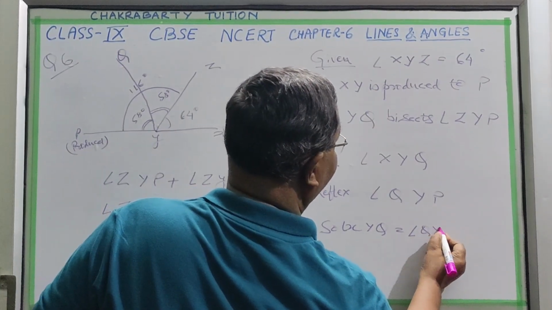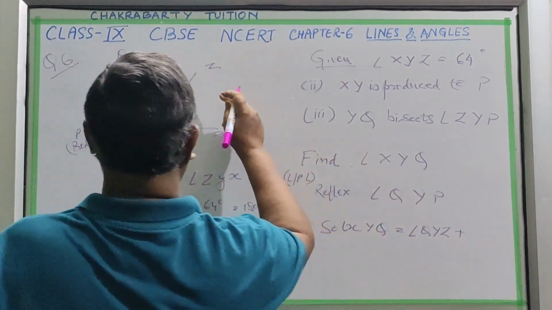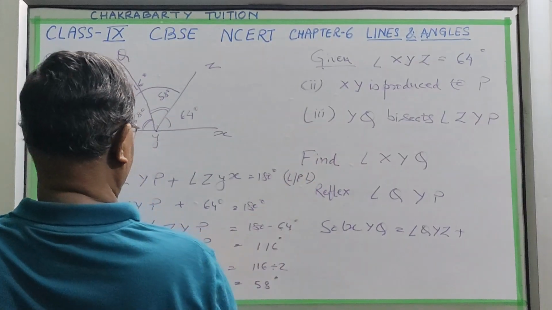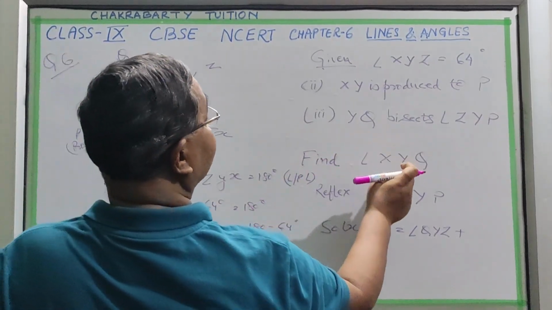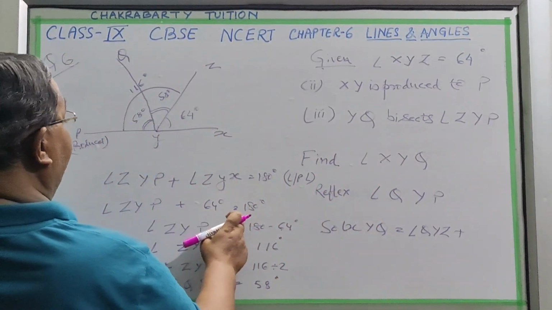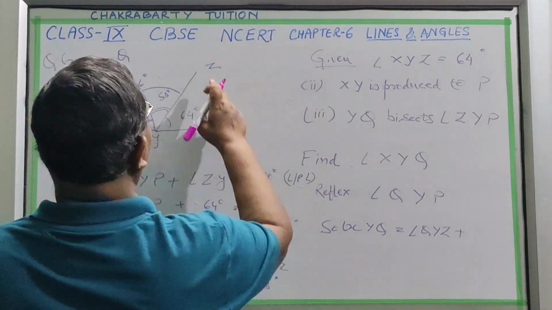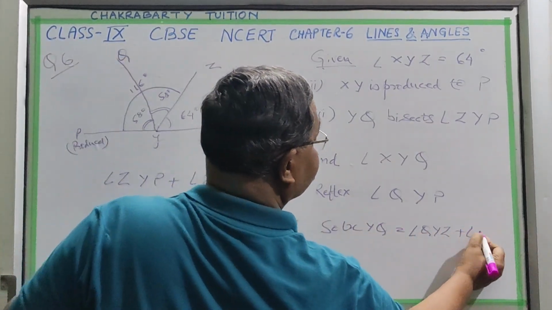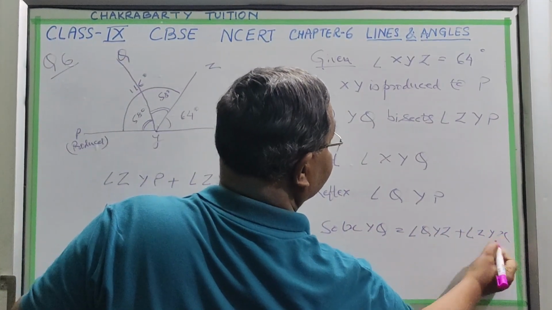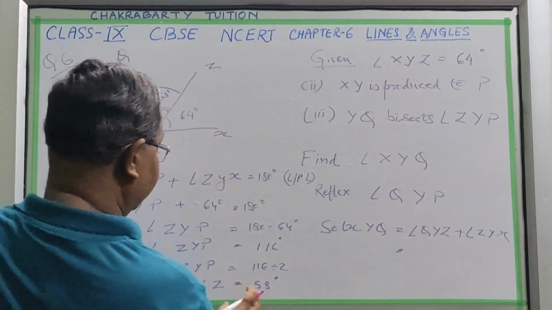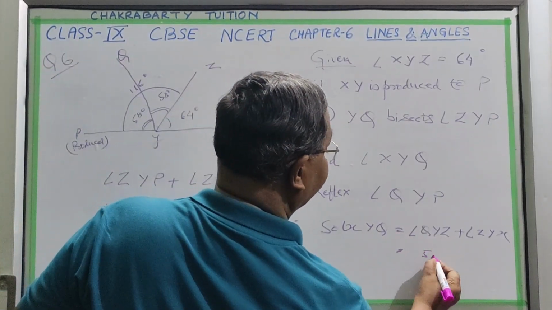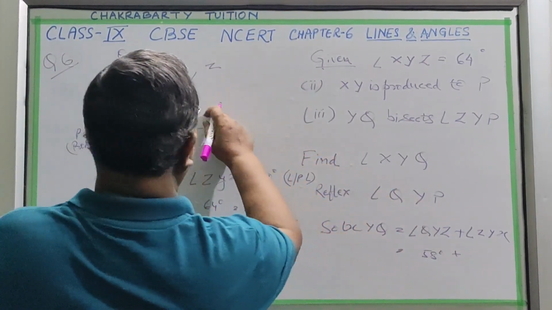Angle QYZ plus angle ZYX gives QYX. You have to find out 58 degree, and this 64 degree is already given.